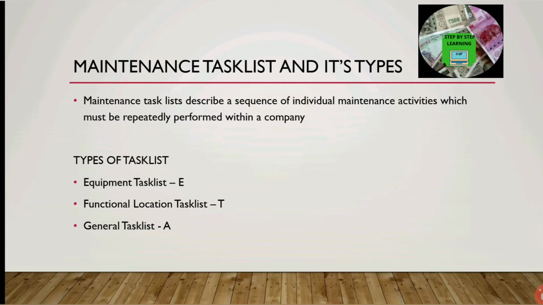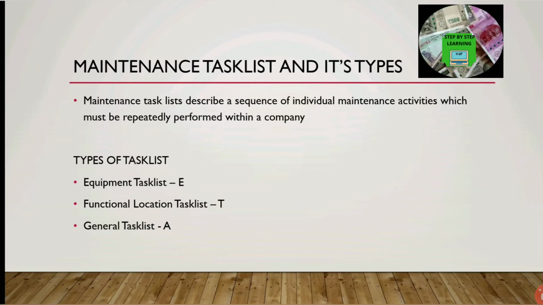It can be considered as a location where the production activities are performed. Suppose you are going to a location where there are platform gratings, and you want to check them regularly and do some maintenance activities. In that case you can create the functional location task list.